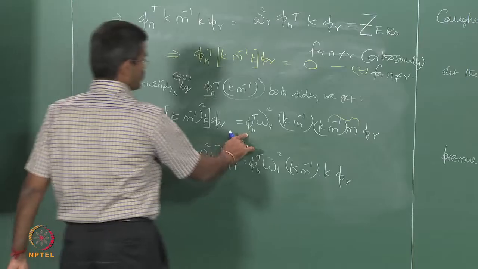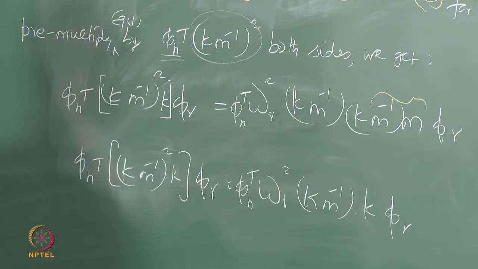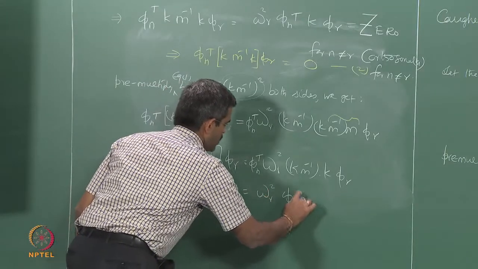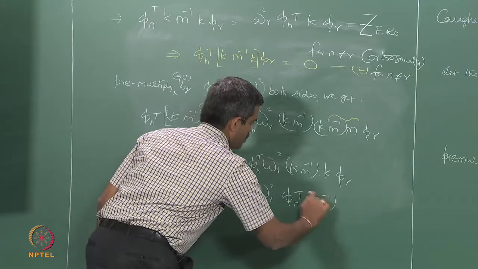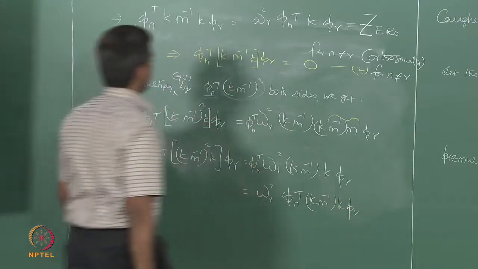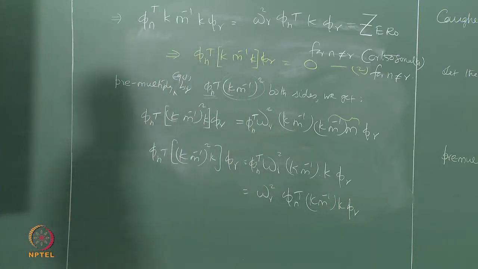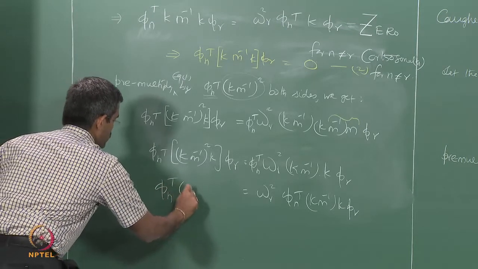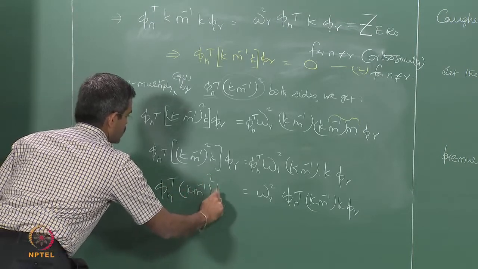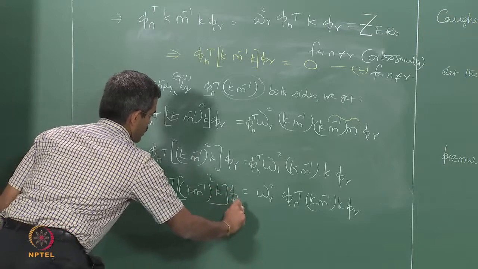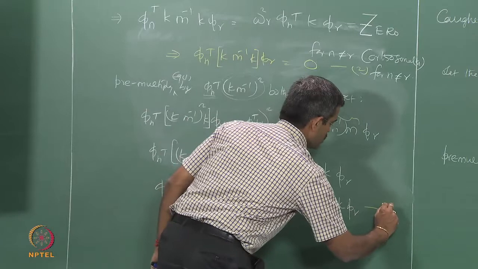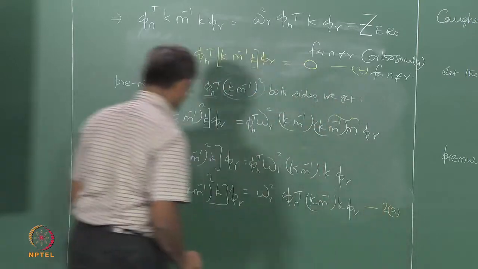So, phi n transpose omega r square, which can also be written as omega r square phi n transpose k m inverse k phi r, okay, which is equal to phi n transpose k m inverse square k phi r. I call this equation number 2a.